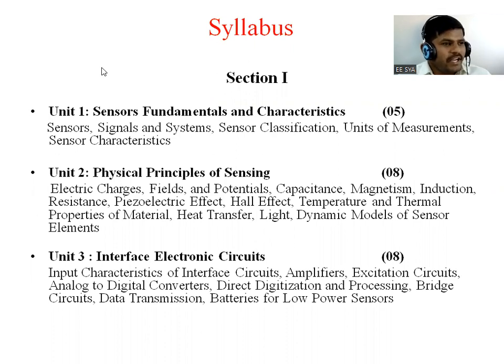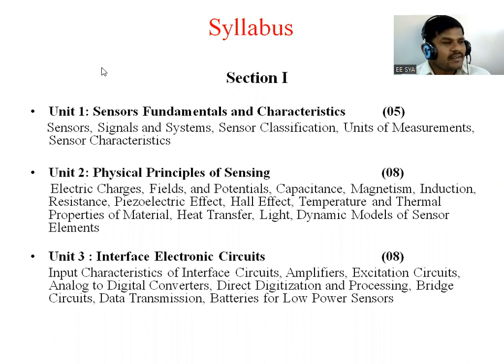What we are going to interface, we need to know its input characteristics. Suppose the output of the sensor is in the form of an analog voltage, or we can call it a sine wave, and your circuitry will not understand the sine wave, then whether the interfacing will happen. So we want to understand the input characteristics of the interfacing circuit.